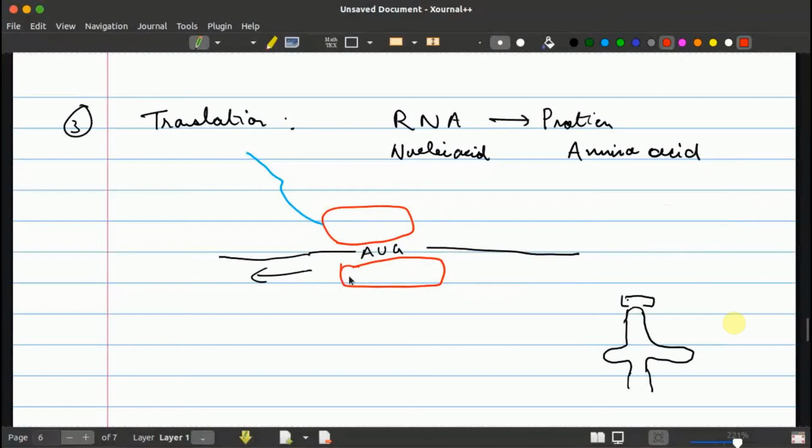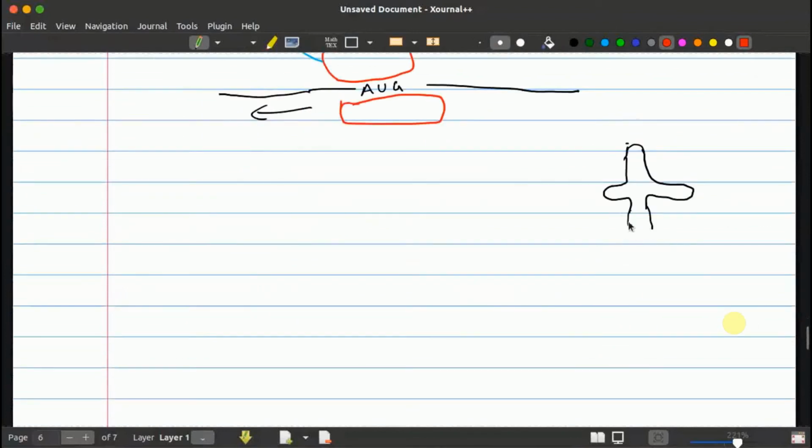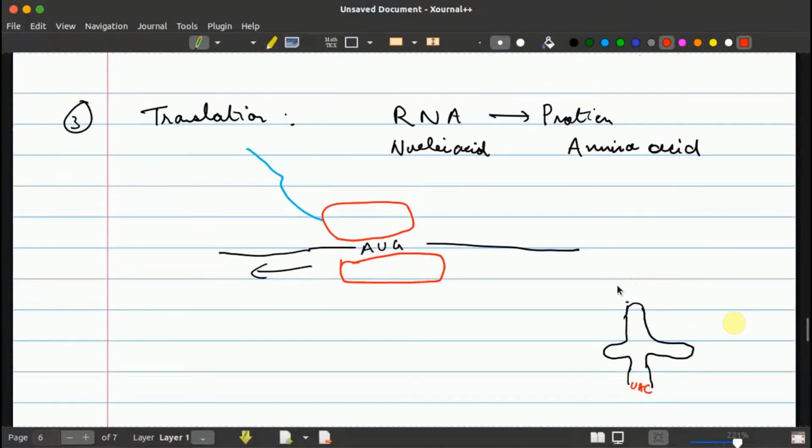So the anticodon that the mRNA is going to call should be the complement of AUG, right? Yes. So this anticodon loop of the tRNA should have the complement of AUG, which is UAC, and this will hold methionine.